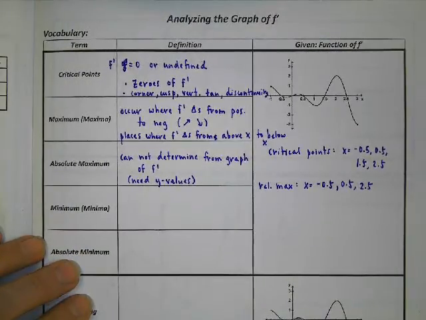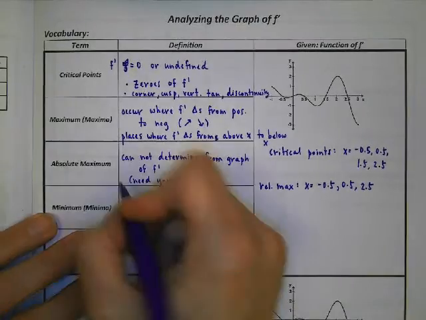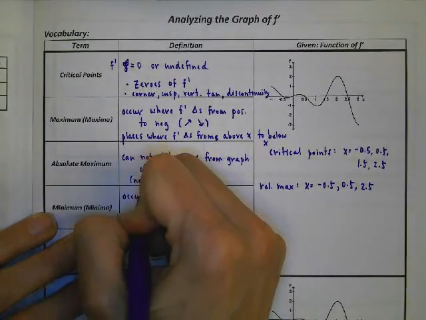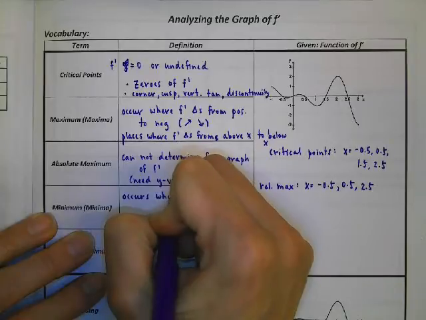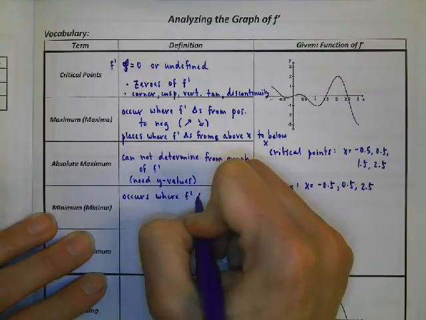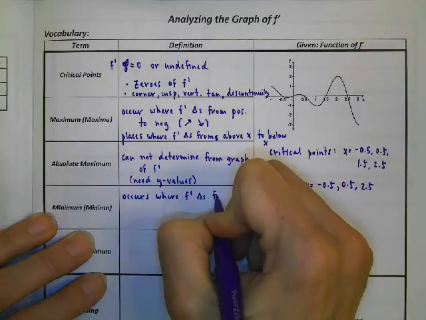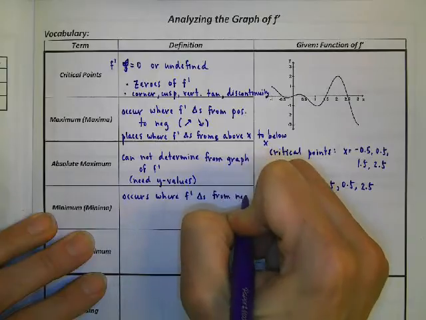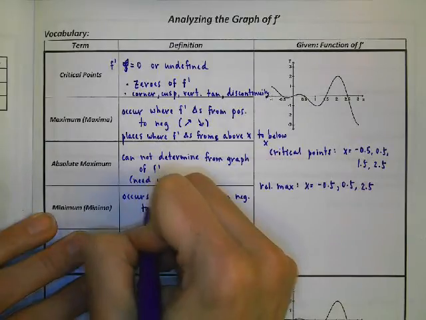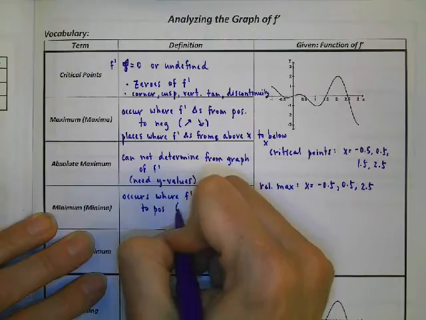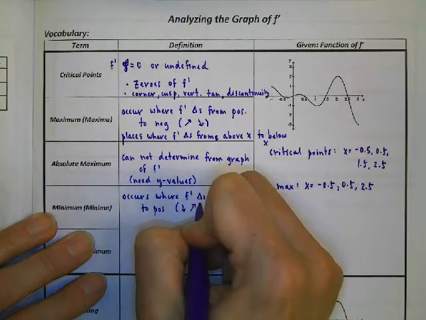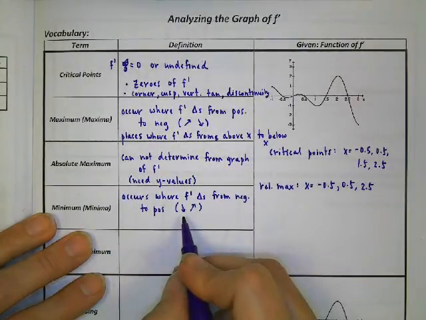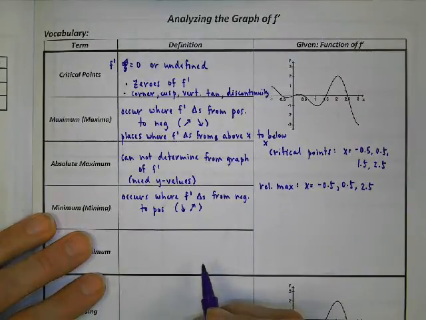So then we can move on and talk about minima, right? And we know now that this occurs where f prime changes from negative to positive, right? And our table is where we went, f was decreasing to increasing.